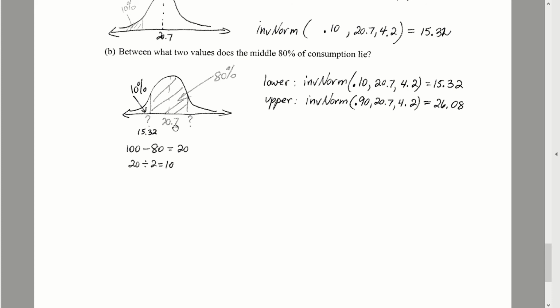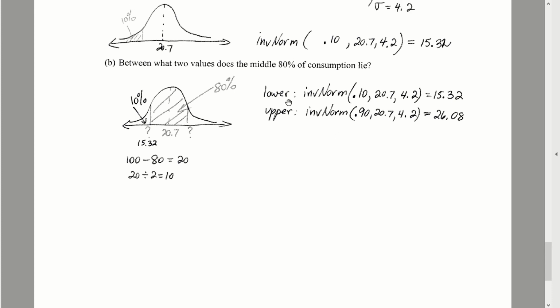If you computed the difference between 20.7 and 15.32, that length would be the same as the difference between the 26.08 and the mean, which would be 20.7. So you could essentially find that distance between these two, add it to the 20.7 as an alternative to doing a separate inverse normal calculation. However, I think this is a good way to do it though, because it really reinforces the methods we learned in this particular chapter.